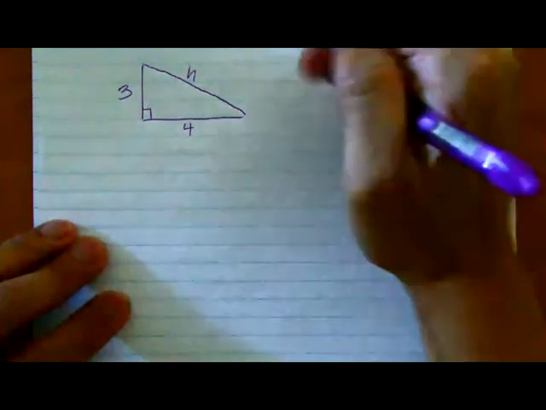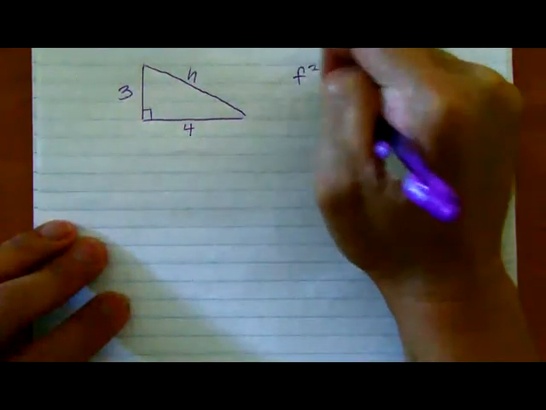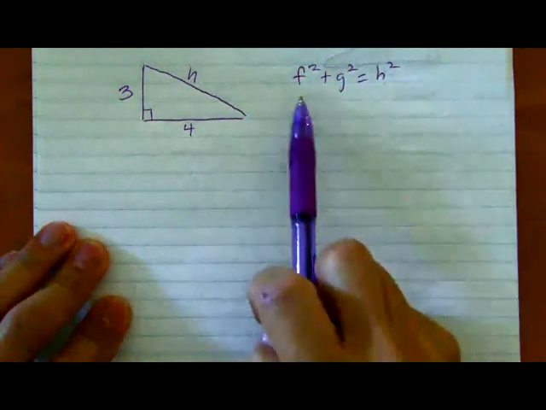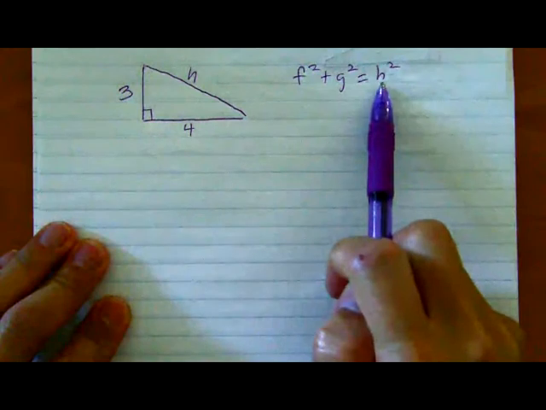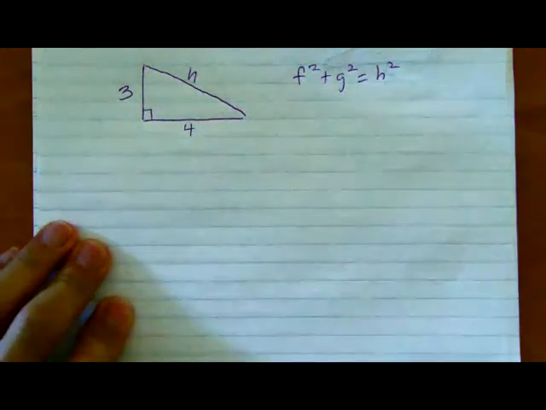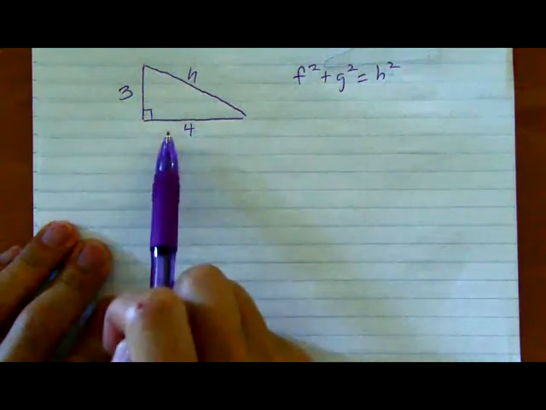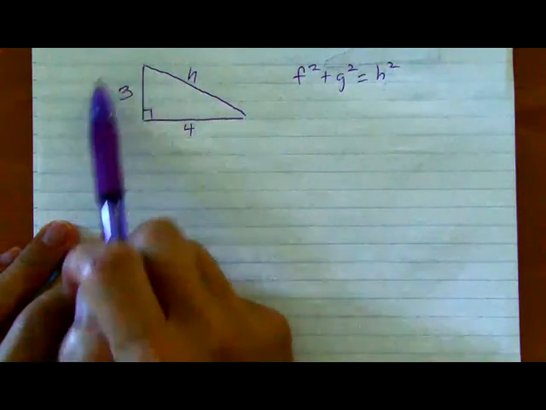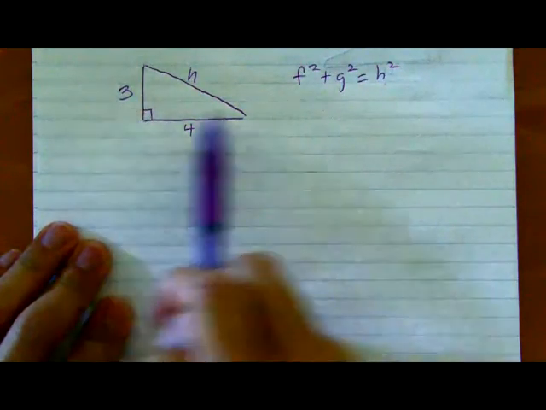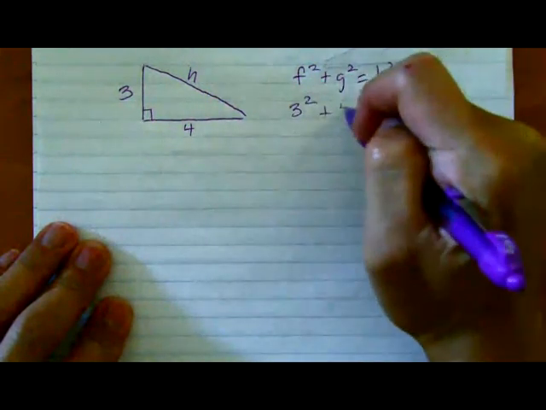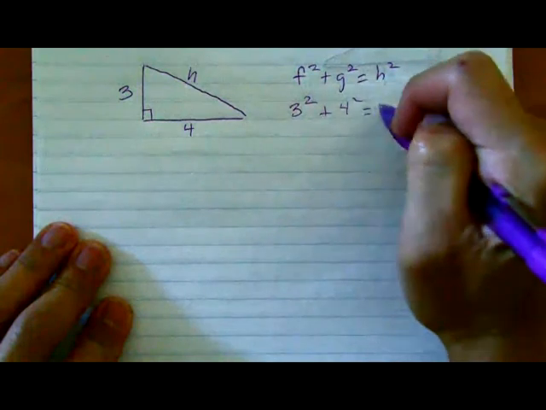Okay, so f squared plus g squared equals h squared. These are your two legs. That's your hypotenuse. You need to know where these numbers go. The two short sides are your legs. So I can replace f with 3, g with 4, and then I solve for h.